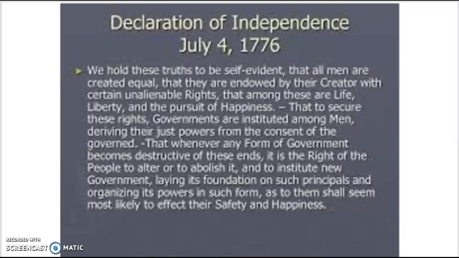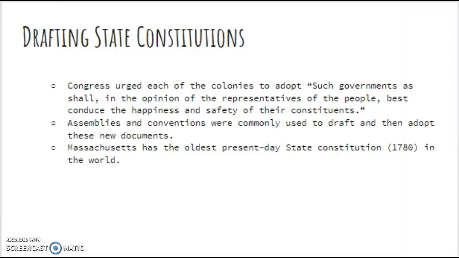And so that's basically their declaration. We are separating from you, Great Britain, and war will continue because the American Revolutionary War had begun before July 4, 1776, and then even continued after this declaration was written.